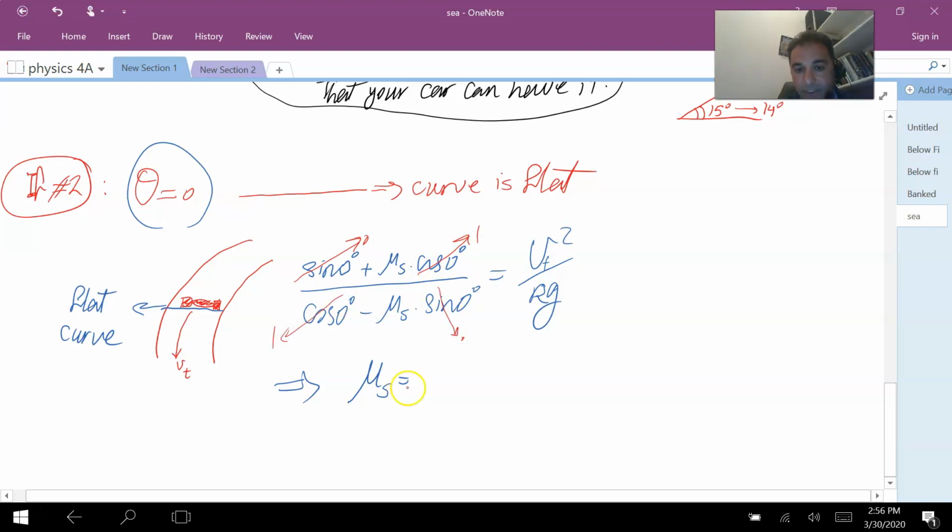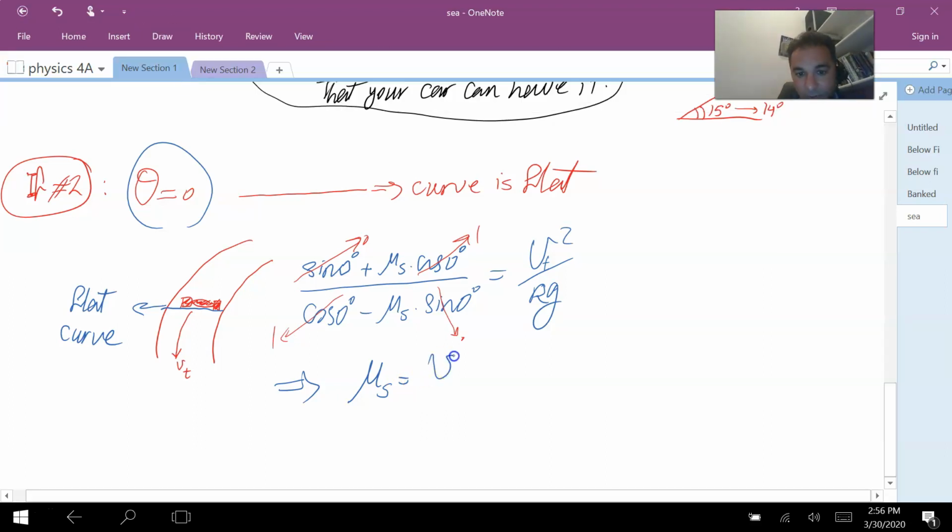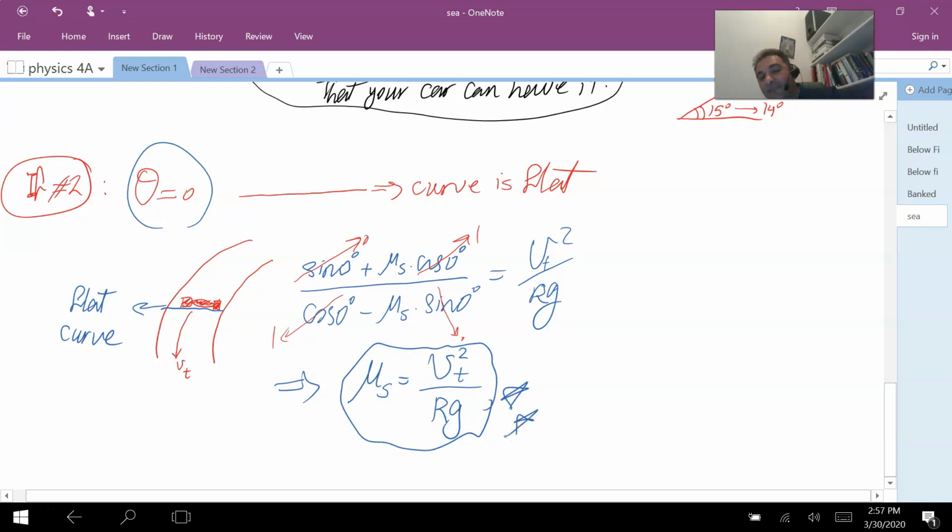So therefore mu s becomes v square over Rg. Look at this. Here is if we have a flat curve. So what is mu s?